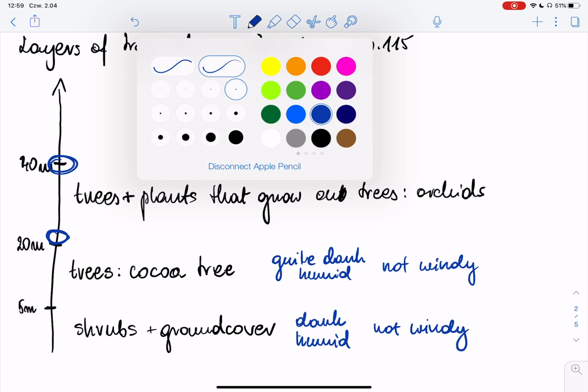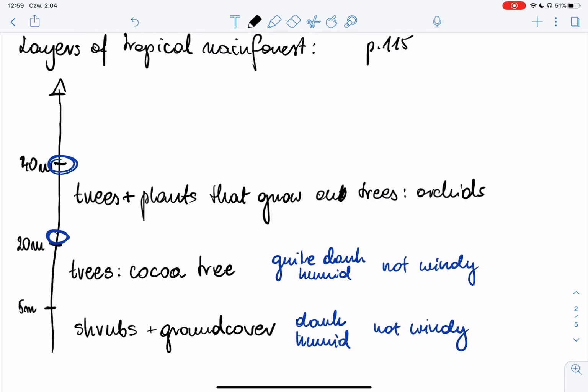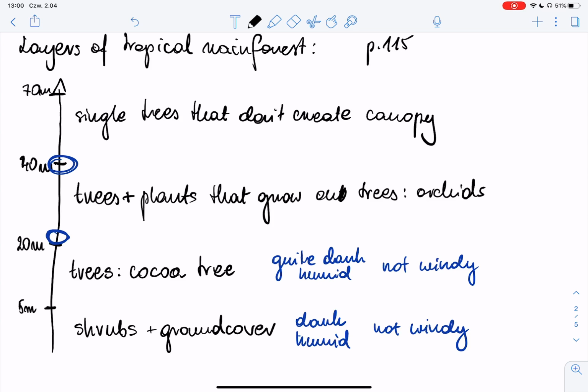And basically the tallest layer, stretching up to 70 meters, is the layer of single trees that don't create canopy. So we have one, two, three, four layers that are stretching up to 70 meters. This is actually tropical rainforest.